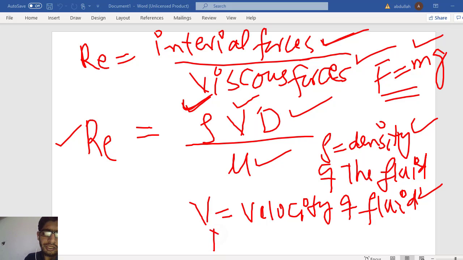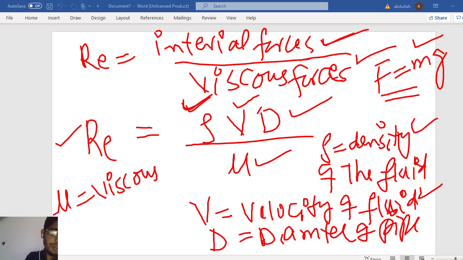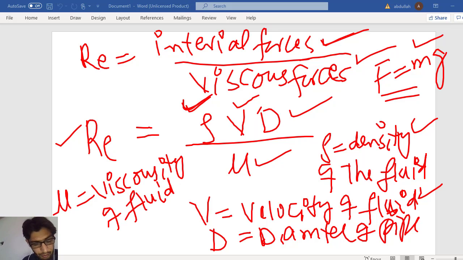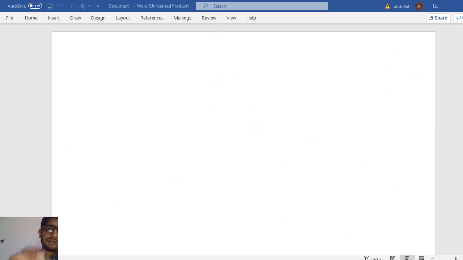D is the diameter of the pipe, mu is the viscosity of the fluid. So the ratio between rho, v, D and mu is the Reynolds number.